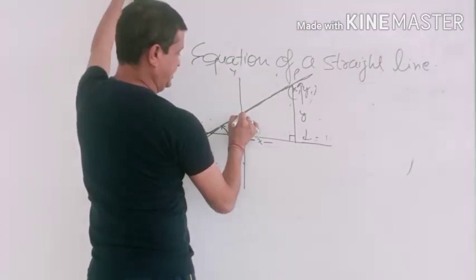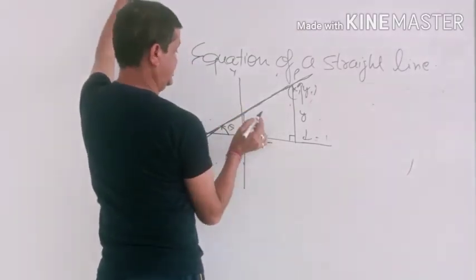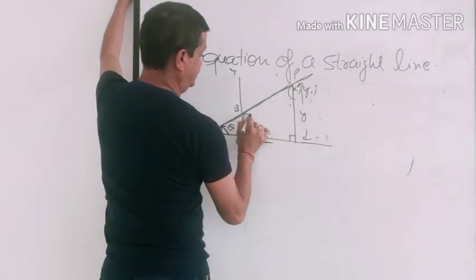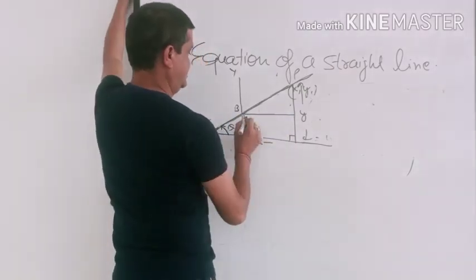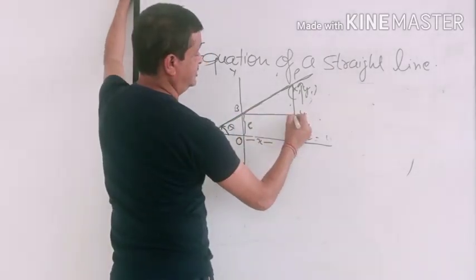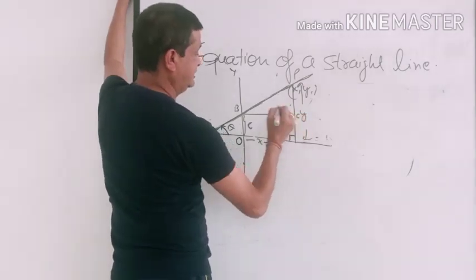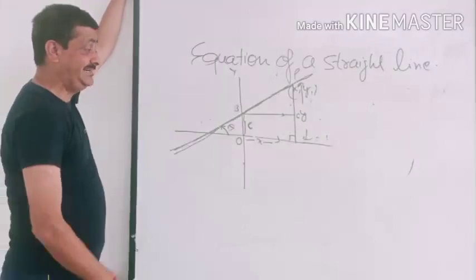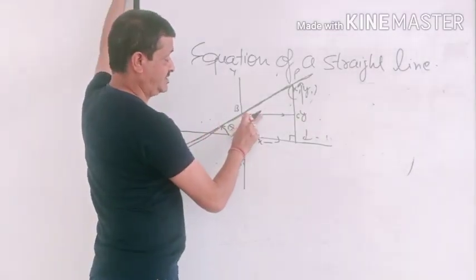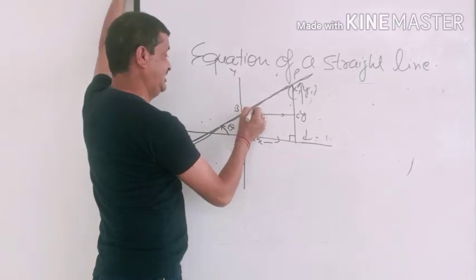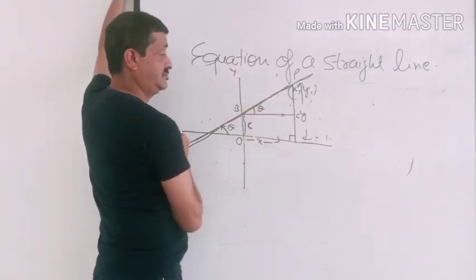Now, from this point, suppose this is O, this is B, and I am drawing a line parallel to the x-axis. This line BC is parallel to the x-axis. Why did I do it? Because if this line is parallel to this line and it is theta, it will be theta, no doubt.